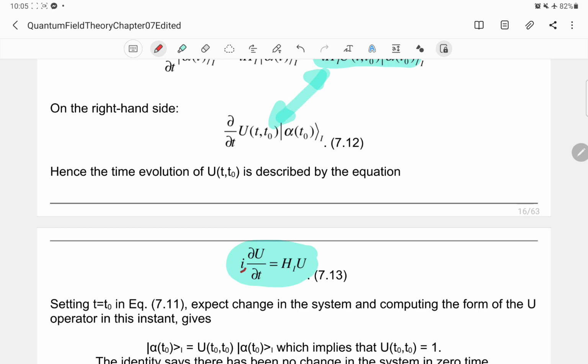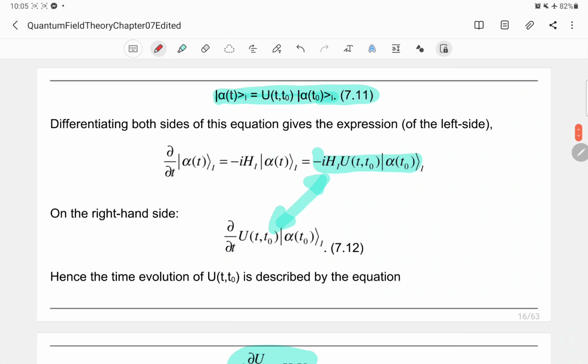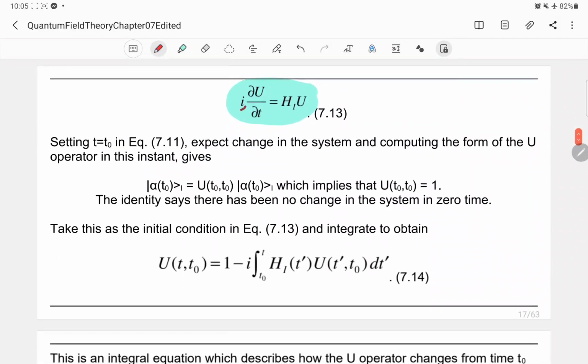If we go back to 7.11 and set t equal to t sub 0, we will have this one. So this only implies that U(t0, t0) is just equal to 1, which is just the identity.